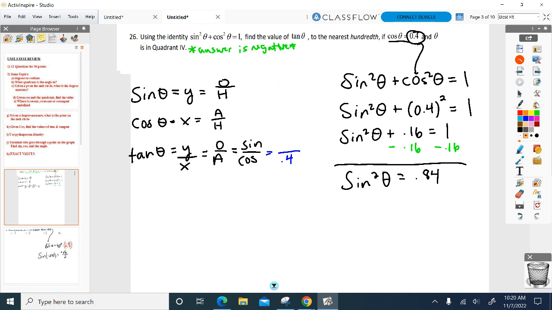All right, I don't want 0.84 though. I want sine theta, not sine squared. I just want plain sine theta. So how do I get rid of the squared? Square root both sides, yep. And make sure your calculator is going to give you a long decimal there. Keep that. Keep that. I don't want to round it until the end.